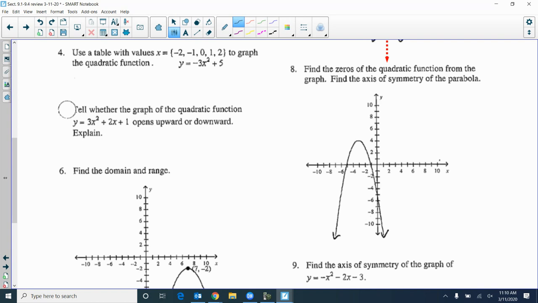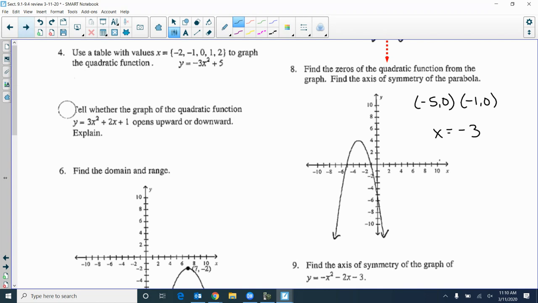Look again. -5, 0, and then -1. Okay, and how about our axis of symmetry? That would be X equals -3. Okay, -3. All right, fix it.